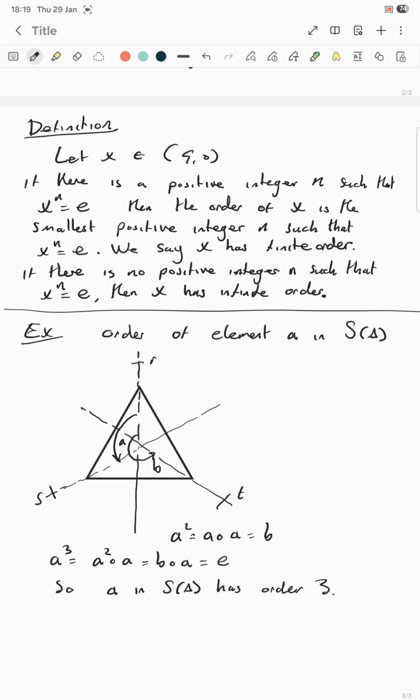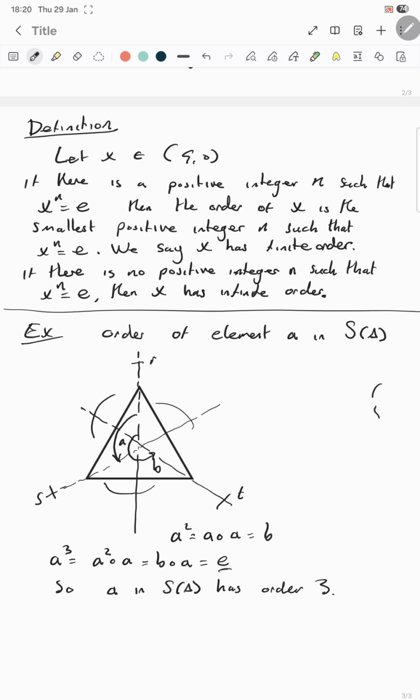An example: the order of an element A in S triangle. We have our symmetries there: rotations A, B, reflections R, S, T, and so on. So A squared equals A composed A, which equals B, and A cubed equals A squared composed A, which is B composed A, and that equals our identity element, because if we do another rotation we get back to where we started.